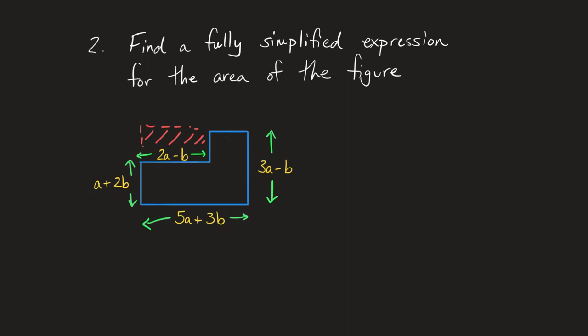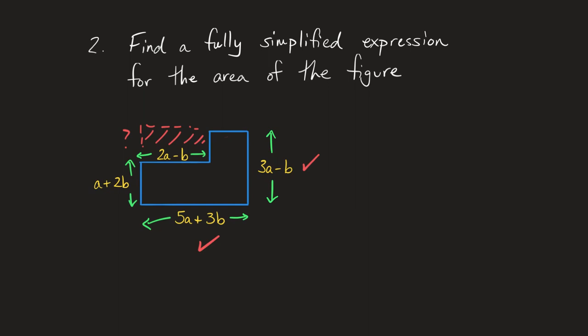So we could calculate the area of the whole rectangle, the outsides, which we know the dimensions for, and then subtract off the box we don't. Well, we know one dimension of the box, 2a minus b, but we don't know that dimension again. So regardless of how we go through to find the area, we're going to have to find a missing dimension.